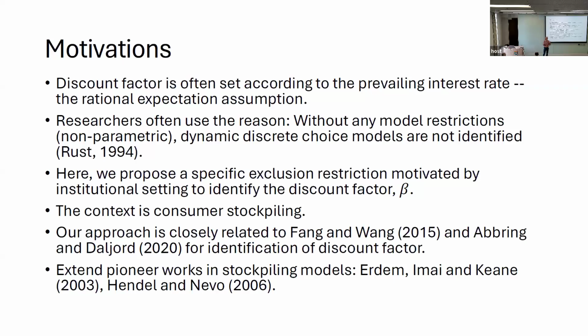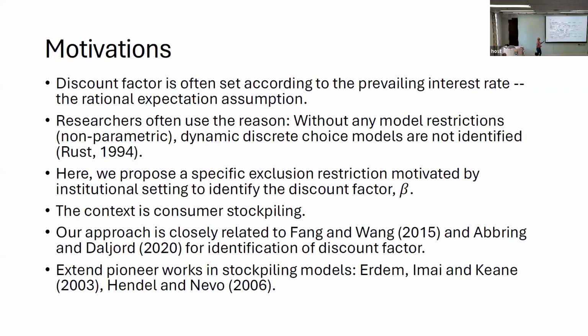Think about CCPs: even with an infinite amount of data, for every possible state you can calibrate the choice probabilities perfectly. In the dynamic model, you have n values of the utility function parameters that you need to estimate, plus a beta. You just don't have enough information to pin down all the parameters. You only have n choice probabilities at most.